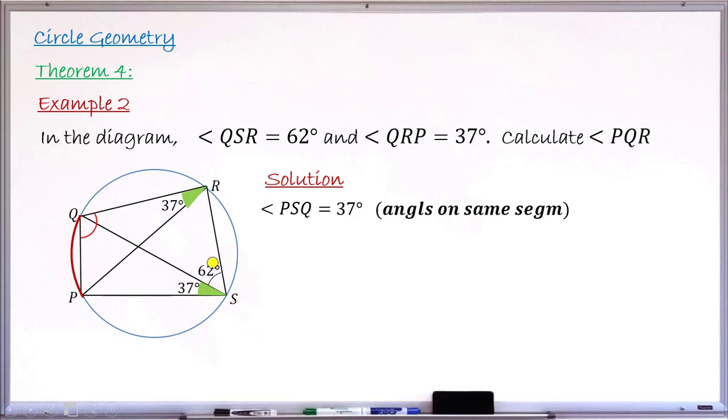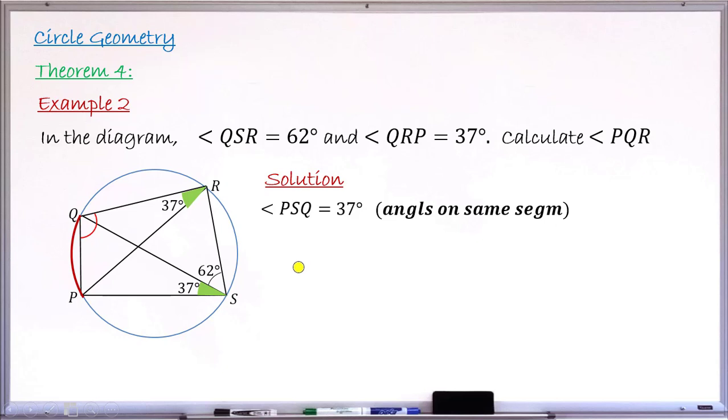I can now add 62 and 37 to get this angle PSR. And angle PSR, the whole of this angle, look at it, is opposite to this angle at Q. Look at this angle we marked, the angle that we intended to find. This is a cyclic quadrilateral. So the addition of the whole of this angle together with the marked angle will give a result of 180.